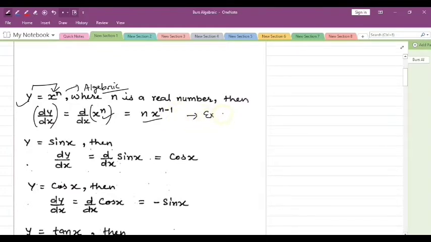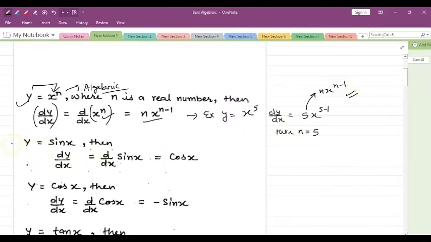An example for such a case may be y equal to x raised to the power 5, then dy over dx will be written as 5 into x raised to the power 5 minus 1. Here you can say that your n is 5, okay, and this is the form related to the n x raised to the power n minus 1 formula.